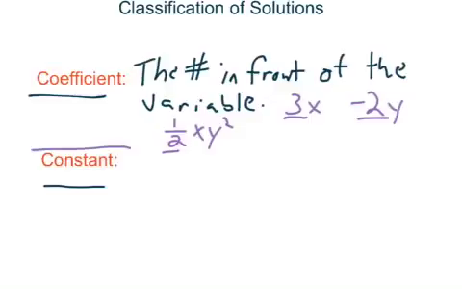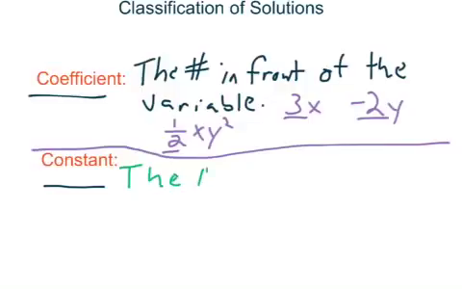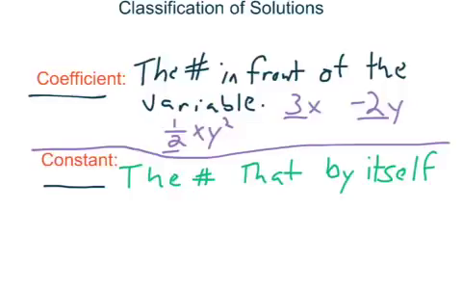Now, a constant, as some of you may remember, is the number that's by itself. He doesn't have any buddies, he doesn't have any friends, he's just out there all by himself.